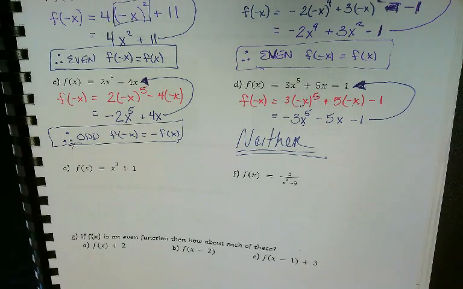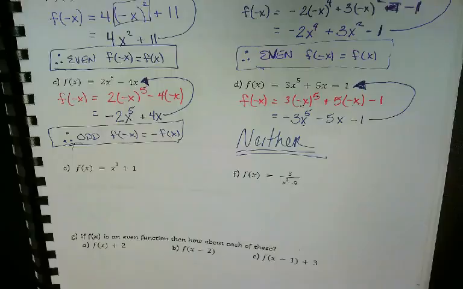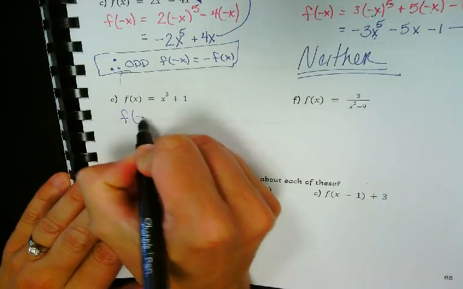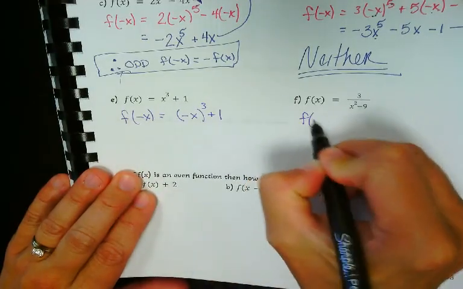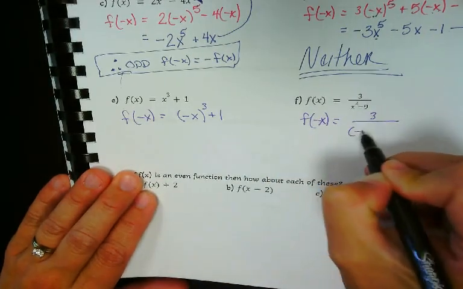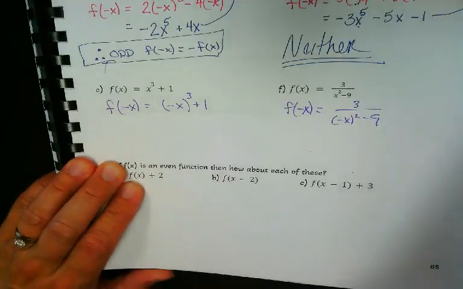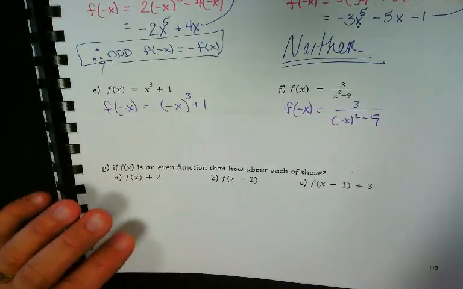If we get the opposite, it's odd, and a mix is neither. But if you're going to say even or odd, you've got to state the rule with it.